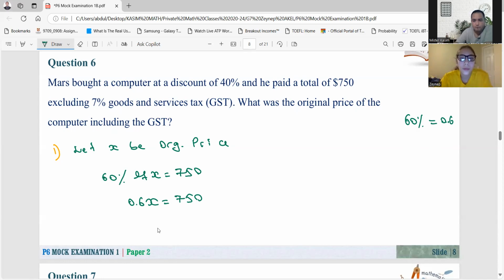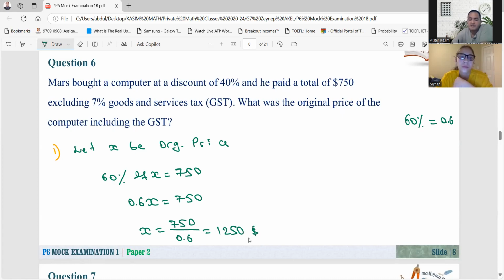Can you divide, what is 750 divided by 0.6? 1,250.